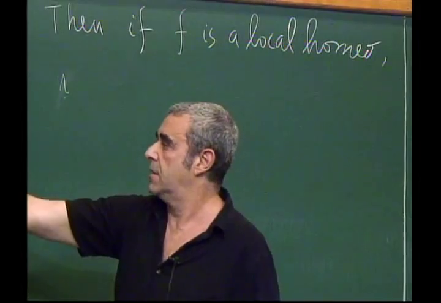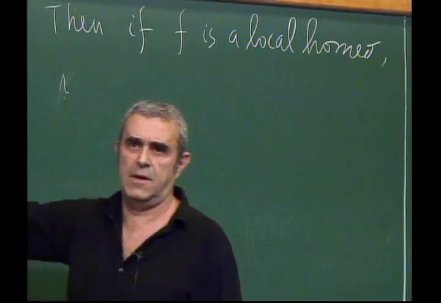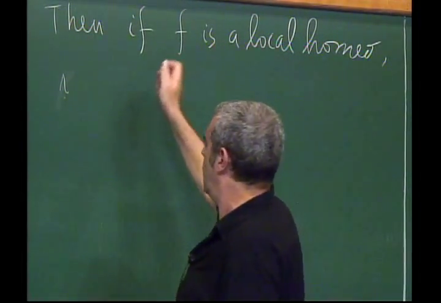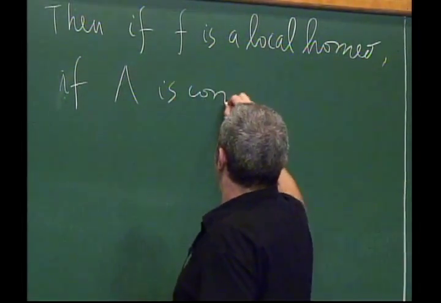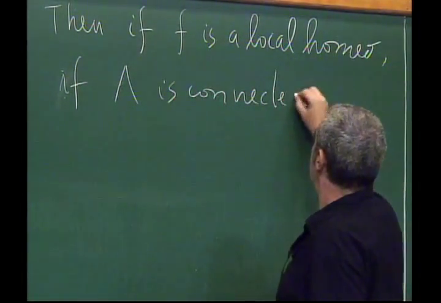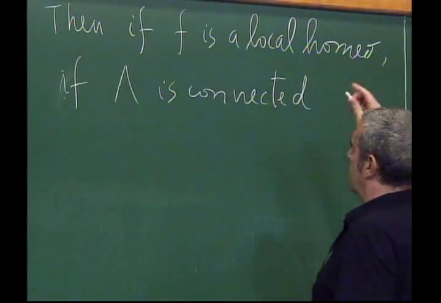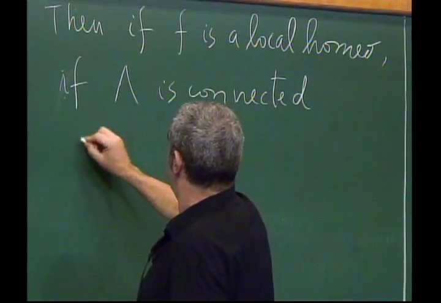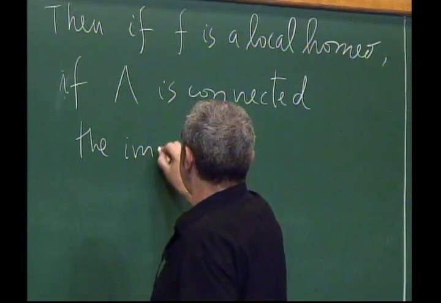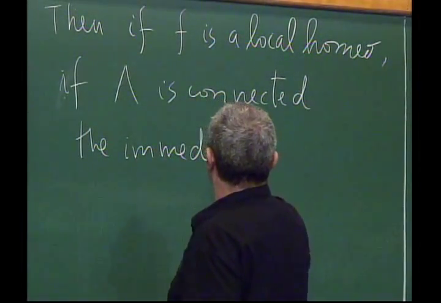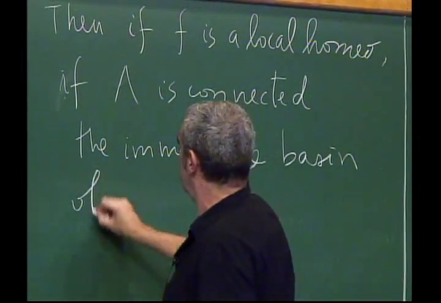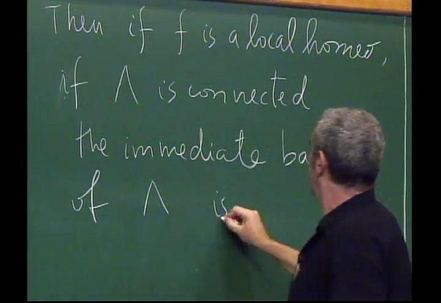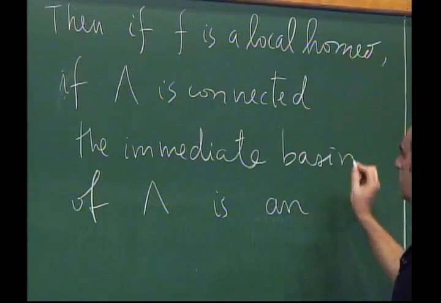Because this hypothesis implies that it has finitely many components. So if lambda is connected, then the immediate basin of lambda is an annulus.